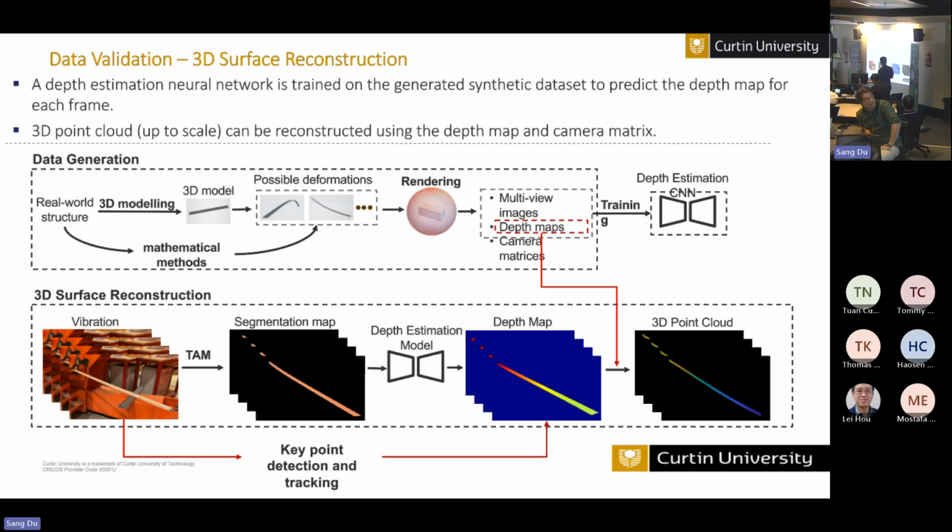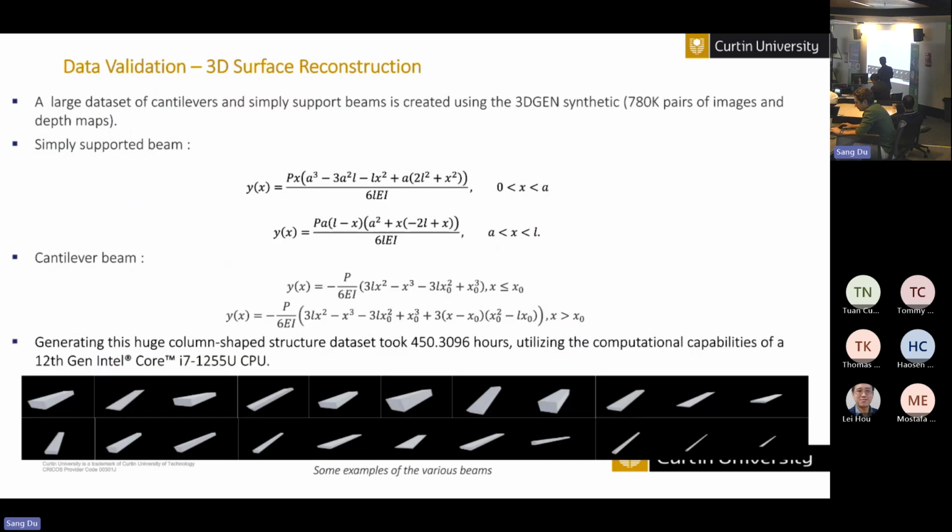For example, we can do the three-dimensional reconstruction. So you can see this is a vibrating beam we did in the structure lab. It's a cantilever timber beam, and we do the segmentation map and depth map, and we can obtain the three-dimensional point cloud. So you can use this as a digital twin or further applications. Or we can use that for vibration displacement measurement.